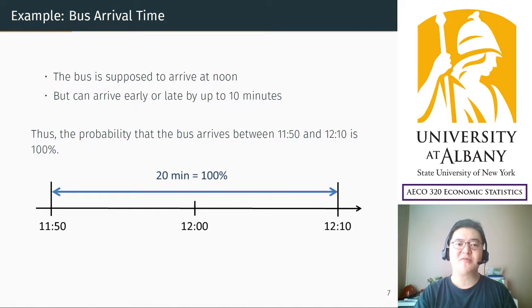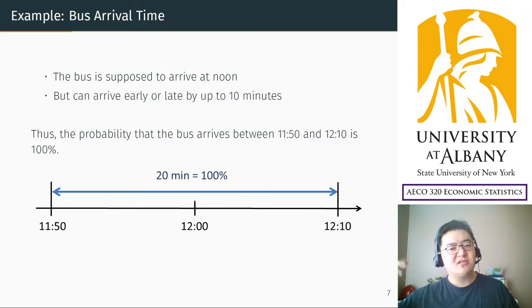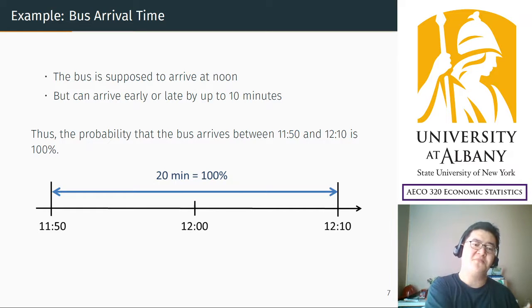Think about this method. The bus is supposed to arrive at noon, say, but I know that it can come early or late by up to 10 minutes. So at most 10 minutes late or 10 minutes early.